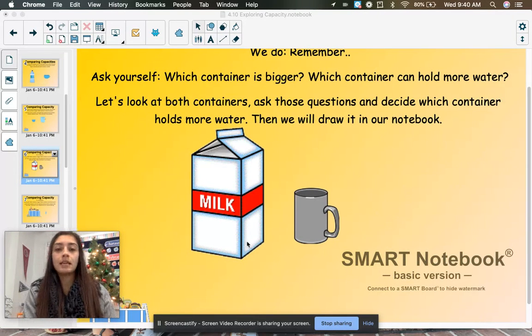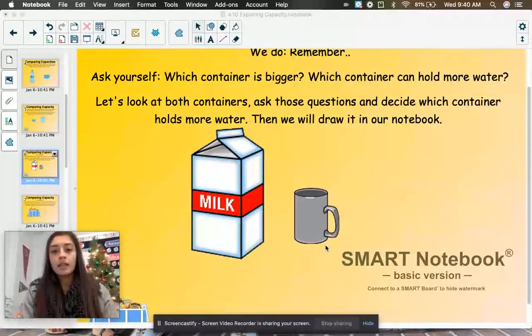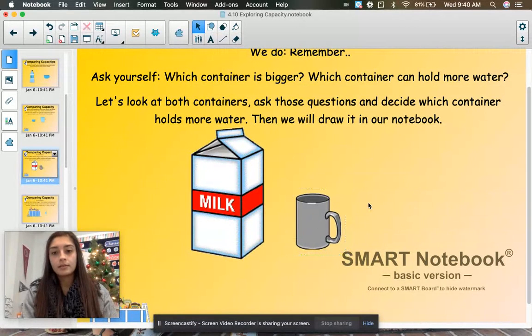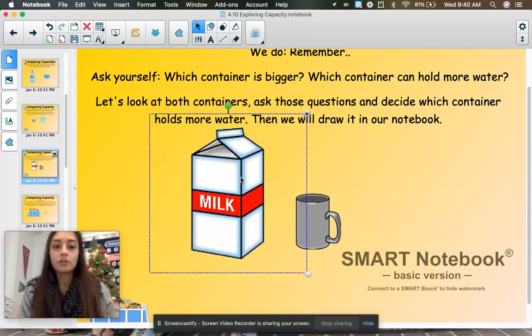So we see a milk jug, like a big one, like a gallon that you would see at home. And we see another coffee mug. A milk jug and a coffee mug. Let's ask ourselves, which container is bigger? Point to the container that is bigger on your screen. Did you pick the milk jug?